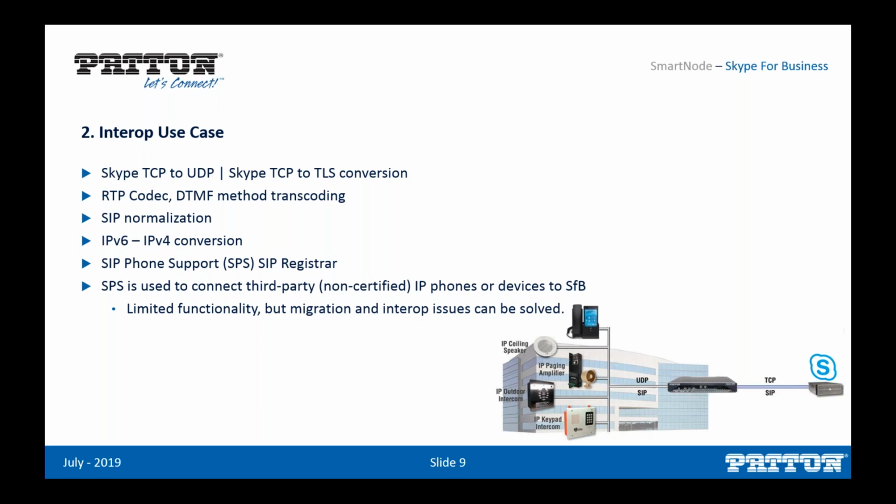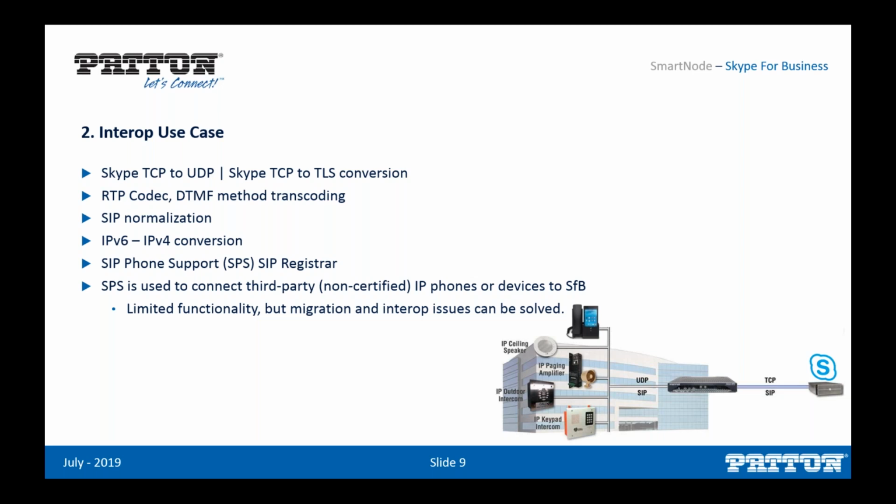Another thing there is RTP and DTMF transcoding, another benefit that you can get by using SmartNodes, and also, as highlighted before by Miklos, IPv6 and IPv4 conversion. Again, all our SmartNodes running the latest software have an IP dual stack.